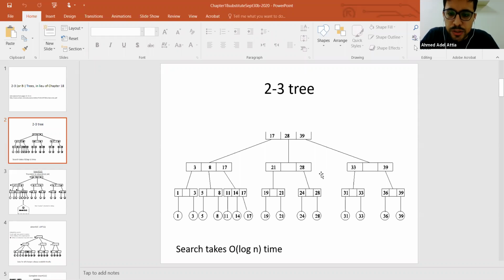So if we ensure that the paths from the root to the leaves are equal, we subliminally ensure that for every node, for every subtree, they are equivalent as well.